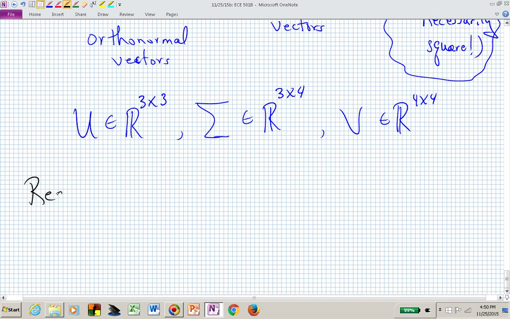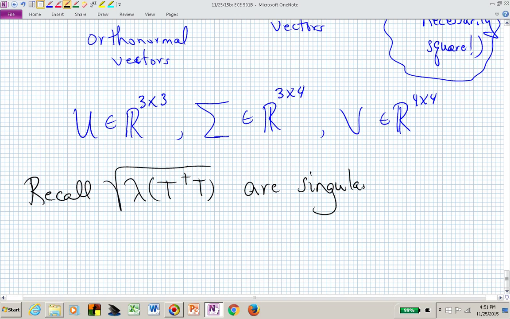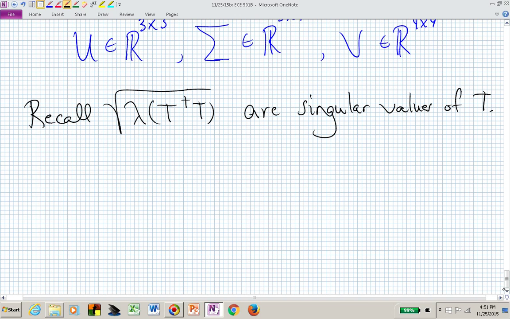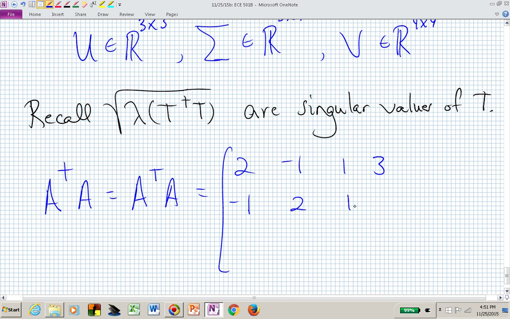If we remember what we had said about trying to find the singular values, the singular values of an operator T were the positive square roots of the eigenvalues of T dagger T. And that says then that if we look at A dagger A, which over this field of real numbers is A transpose A, that gives us a matrix of 2, -1, 1, 3, -1, 2, 1, 0, 1, 1, 2, 3, and 3, 0, 3, 6.